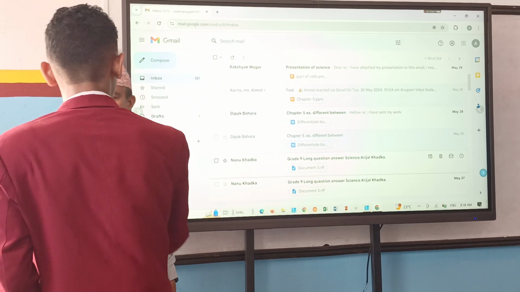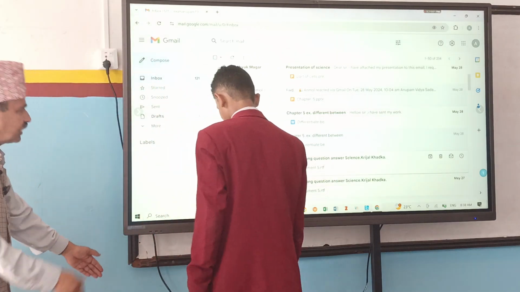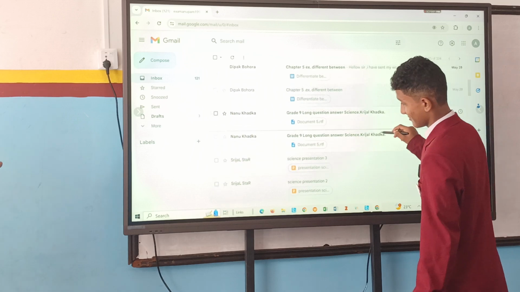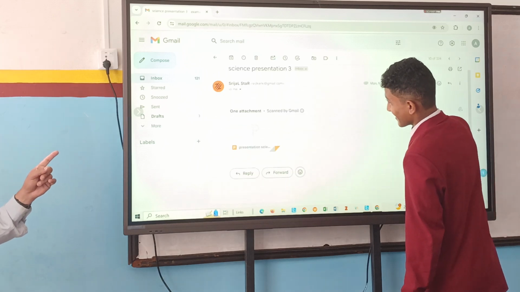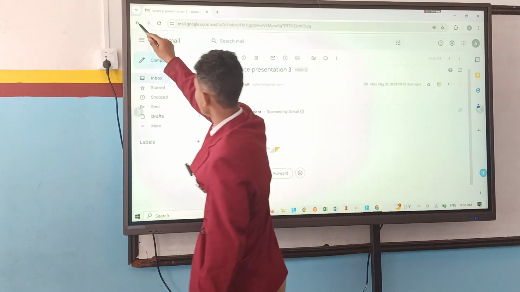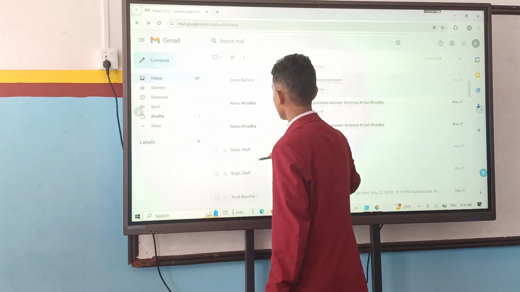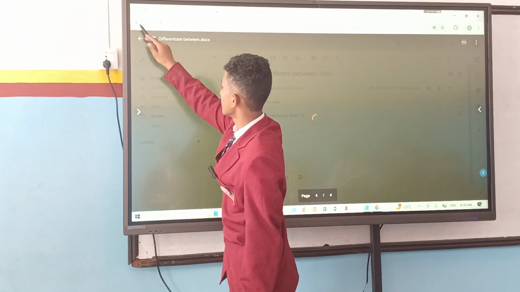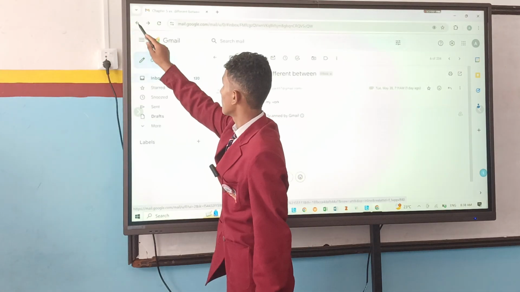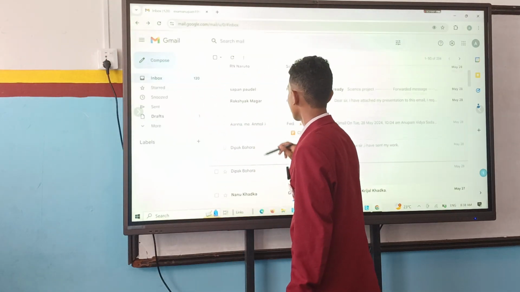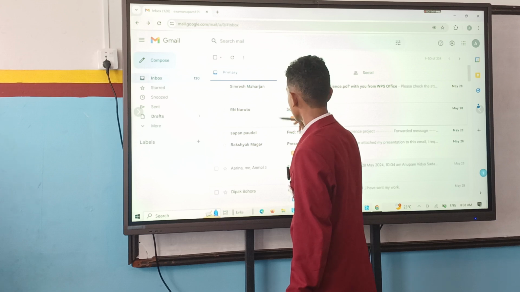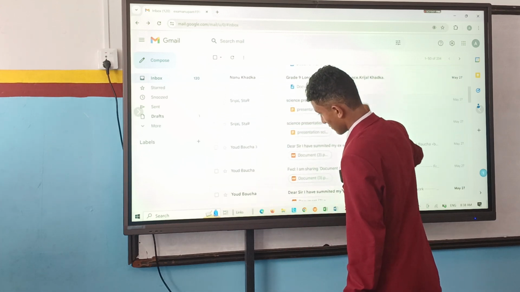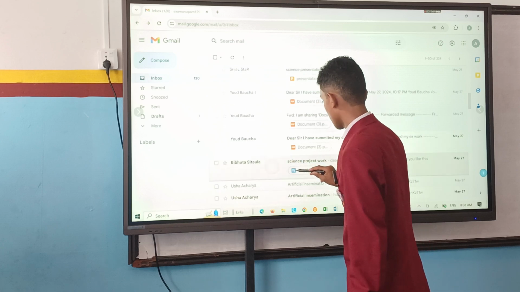Parson is ready. Parson, you either stay this side and explain or that side. He is the class captain also, so let's check how he is going to present. Why be with the Sitola?